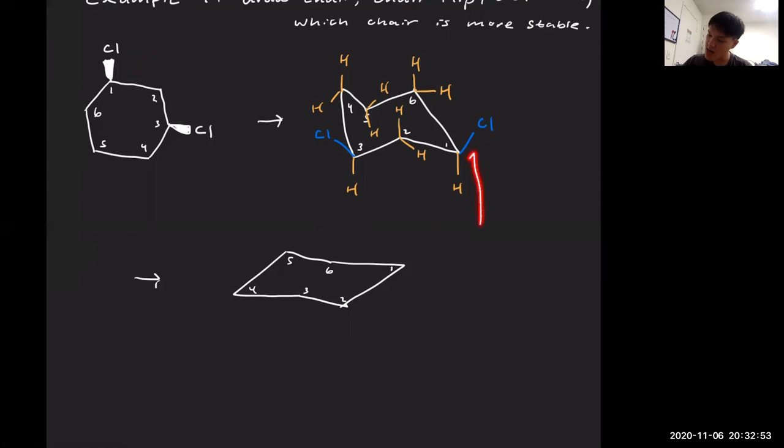So I can see here that at number 1, this chlorine was an up equatorial. If I flip the chair, the chlorine should stay up and be in an axial position, right? And then we get to 3 here where it's up. This is up axial, down axial, and this is up axial again.